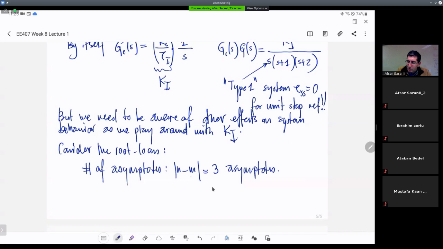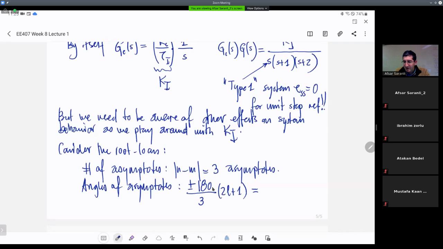What are the angles of the asymptotes? We have 360 degrees divided as such, so it's plus minus 180 degrees divided by 3, which is the absolute value of the difference of n and m, and an odd number of these angles.